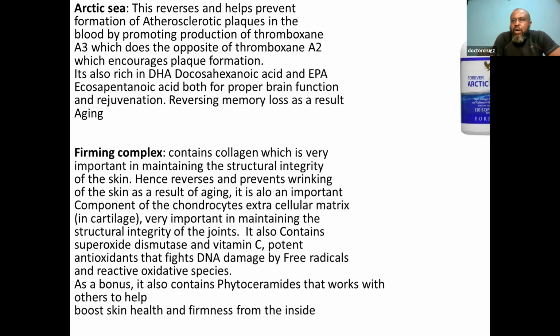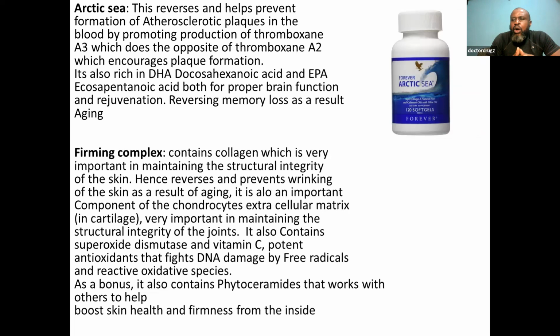This is very essential because people that age are often prone to strokes as a result of cholesterol deposition in the blood vessels. And it also contains docosahexaenoic acid and eicosapentaenoic acid, which is very important for proper brain function and rejuvenation, hence helping to reverse issues like brain loss, memory loss as a result of aging.